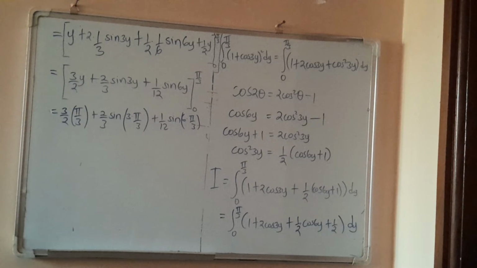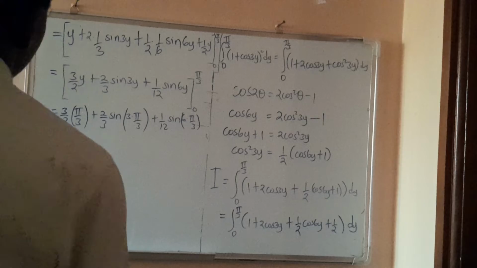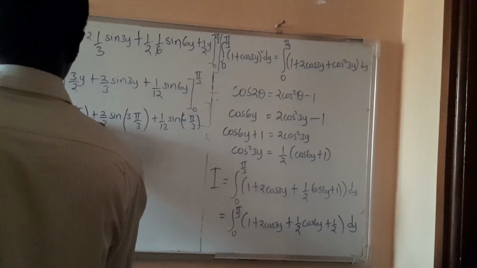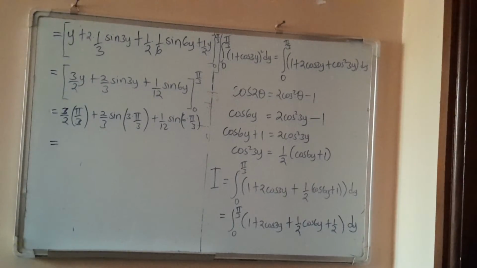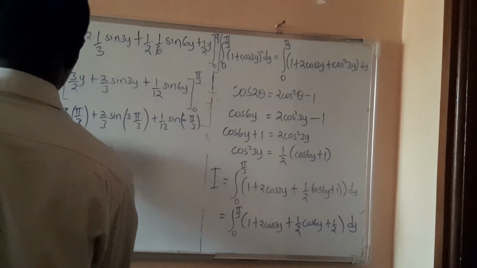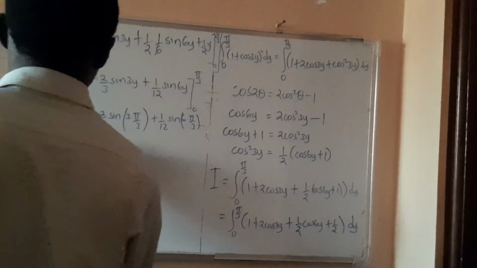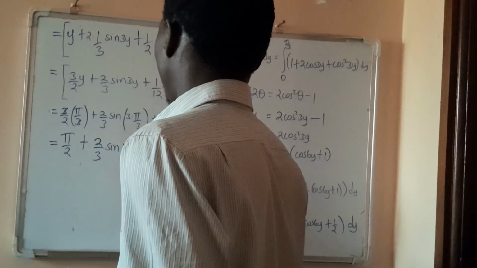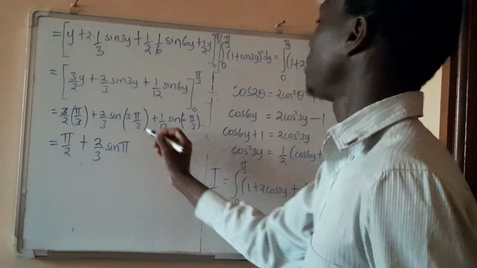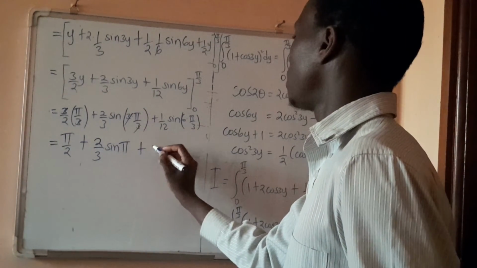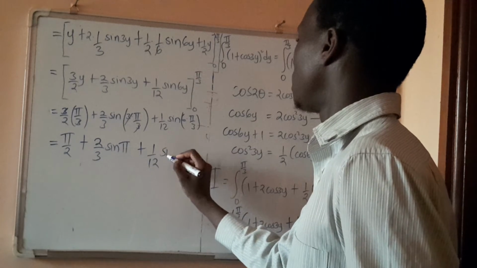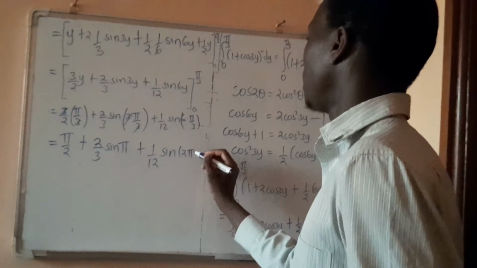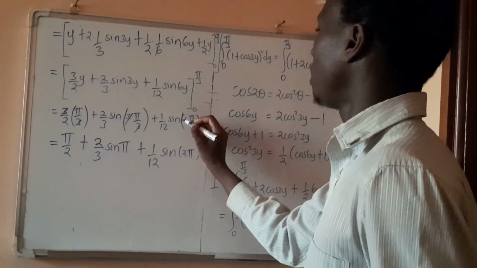So there is no need for substituting 0 because I will get 0 throughout. So I can simplify. This 3 goes with that, so this becomes pi by 2, then plus 2 over 3 sine pi, plus 1 over 12 sine 2 pi by 3.